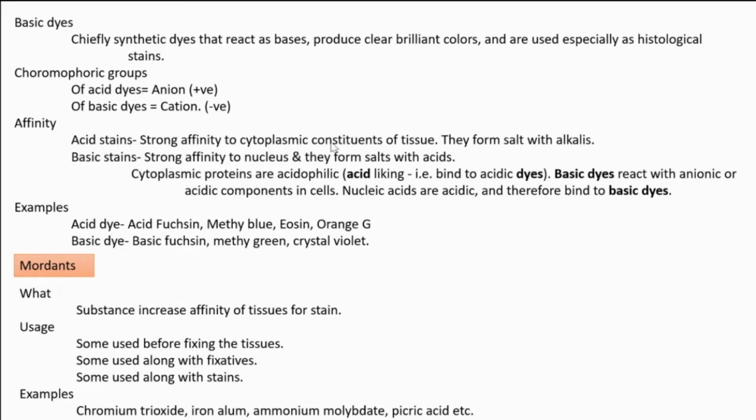Why do they have more affinity towards cytoplasmic constituents? Because cytoplasmic constituents are acidophilic, acid loving. Whenever an acid stain is there, it can bind very tightly and perfectly with them and give a good result.